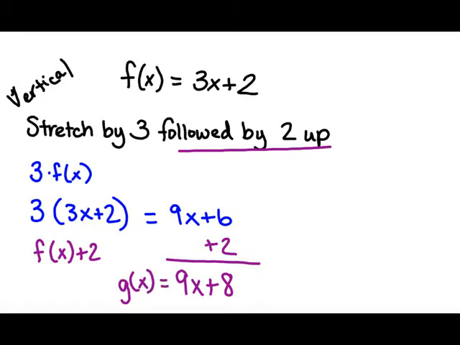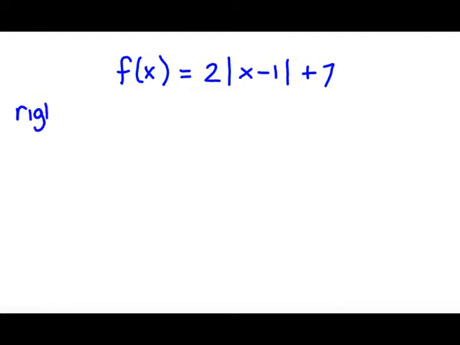So it doesn't just have to be x or absolute value of x, it can work the same way. So let's do one more. Last one. Say I have the function 2 absolute value of x minus 1 plus 7. Okay, so first thing I'm going to do is I'm going to move it right 4.